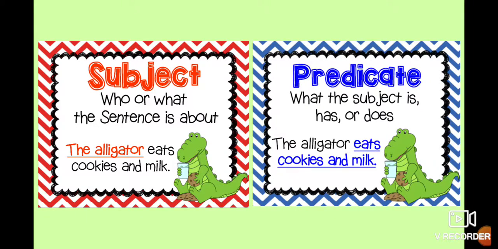Then we have the predicate, which is what the subject is, or has, or does. The action that the alligator develops is eats cookies and milk. This is the predicate. And the complete sentence says: the alligator eats cookies and milk.